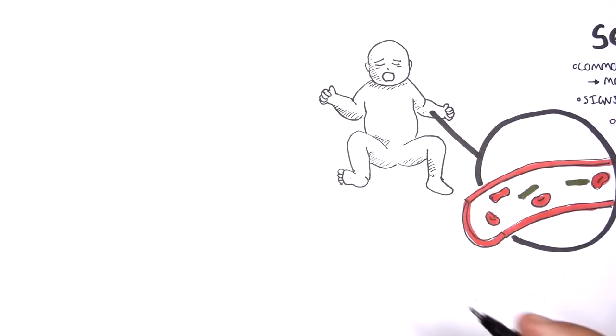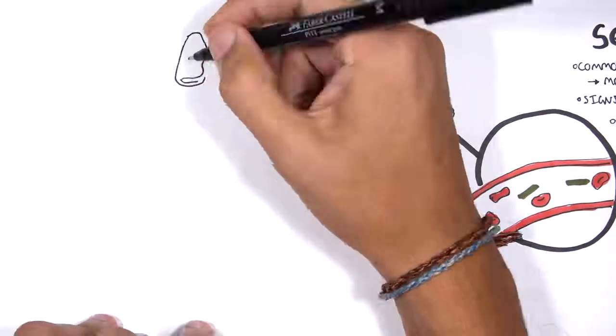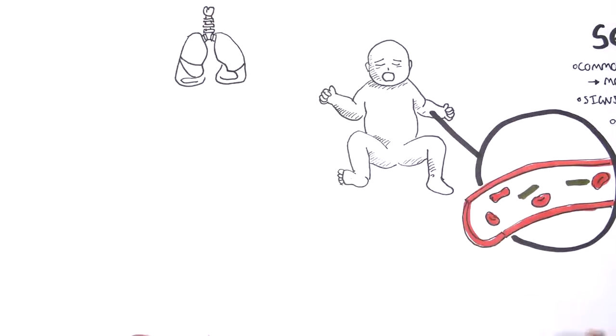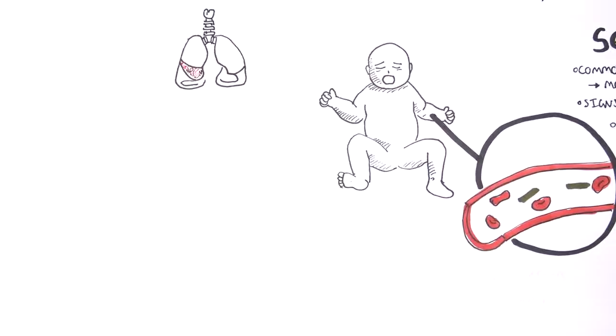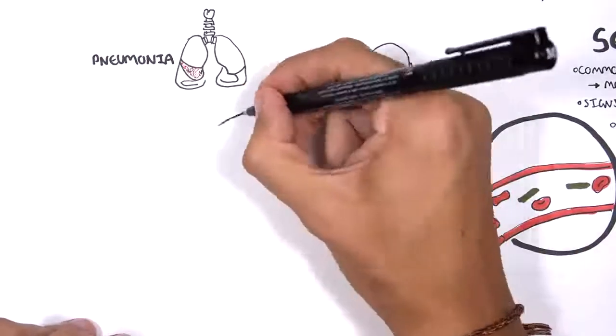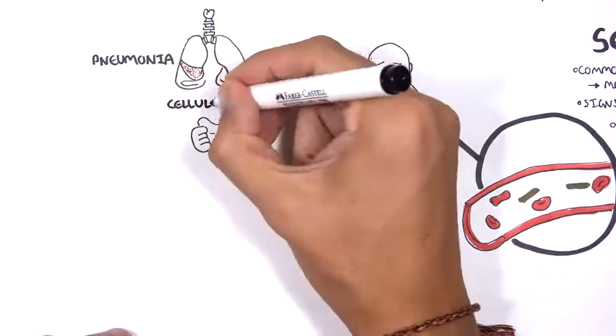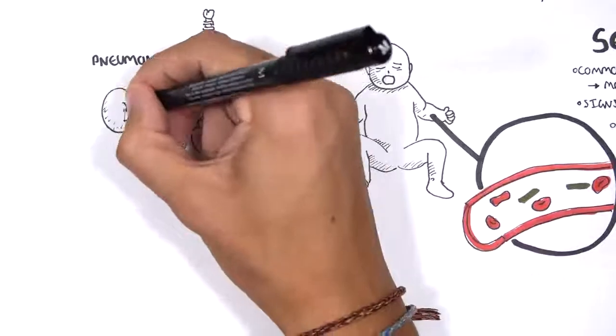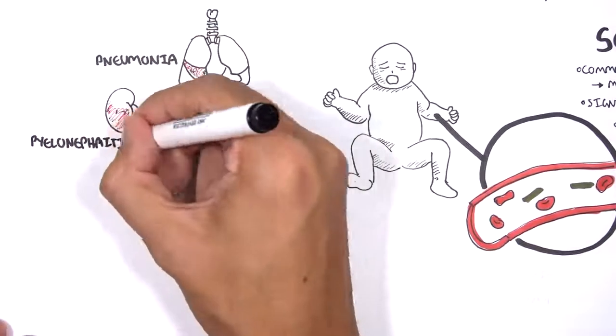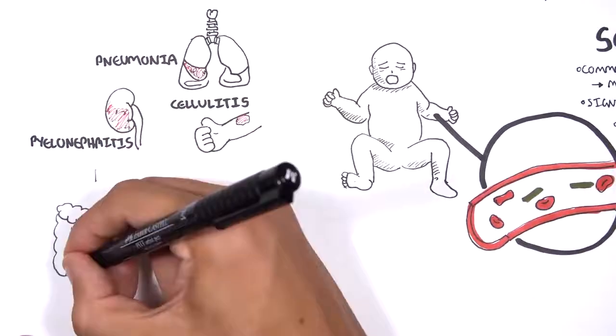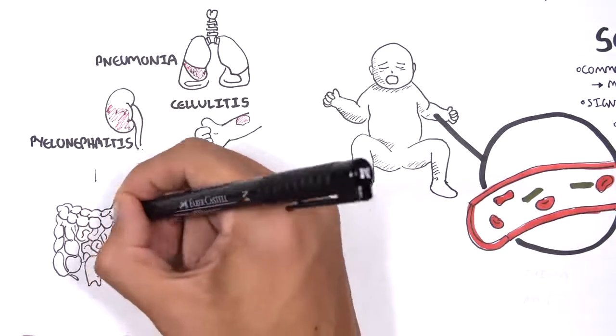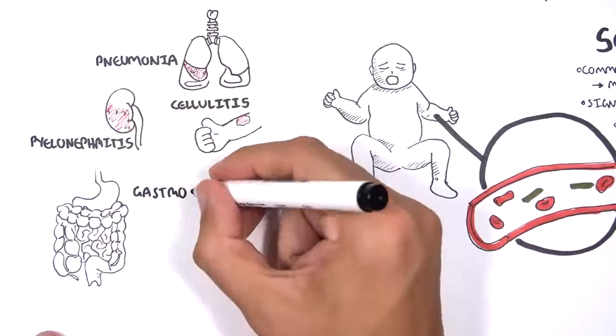Sepsis is usually secondary to a bacterial infection somewhere in the body. So the primary infection occurs somewhere in the body, such as the lungs, where you get pneumonia, skin, cellulitis, urinary tract infection from pyelonephritis, gastroenteritis, or the bones, osteomyelitis.